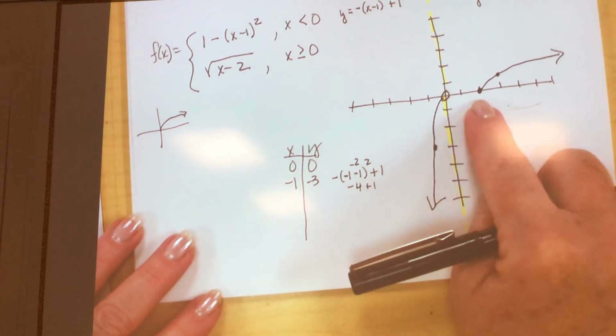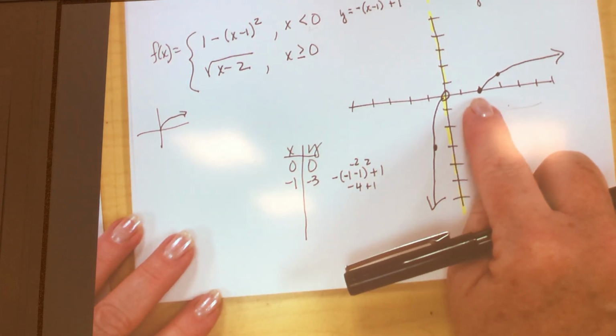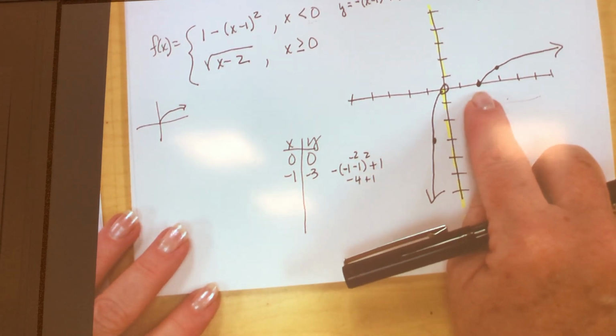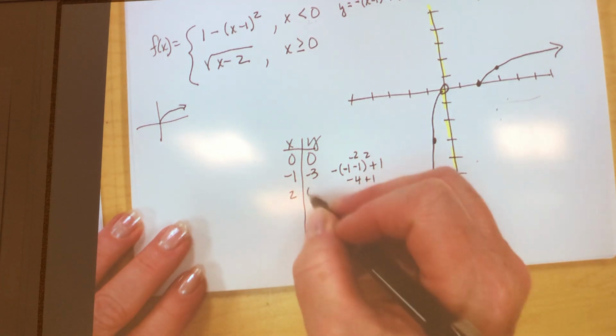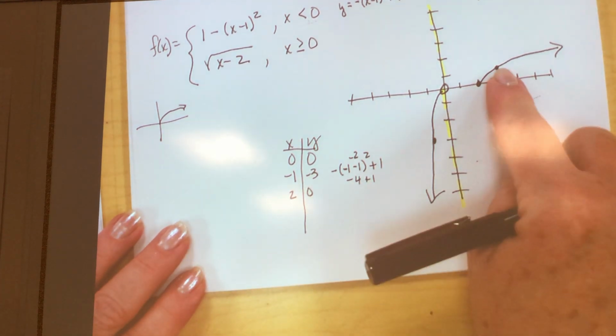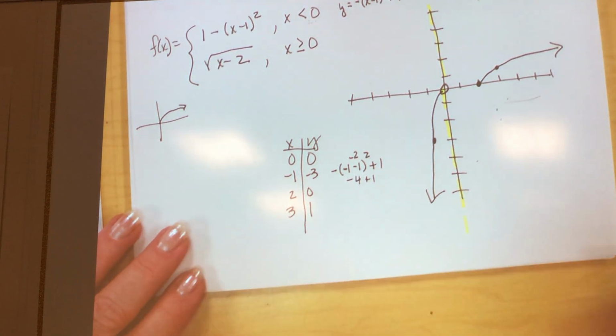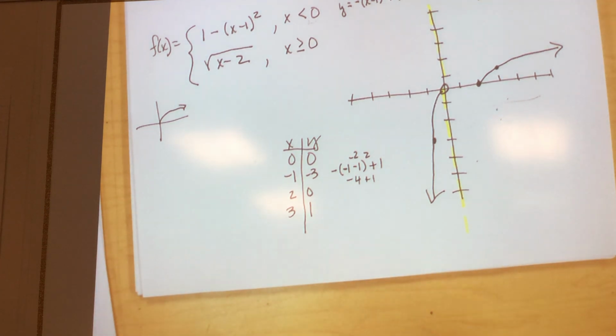All right, so this point, tell me what this point is. 2, 0. What's the common mistake? 0, 2. Kids are going right, 0, 2, be careful, guys. He's at 2, 0. What's this point right here? 3, 1. Okay, so here's my question. Have I done everything? Do I have both sections graphed? Yes. Do I have 2 points in each section?